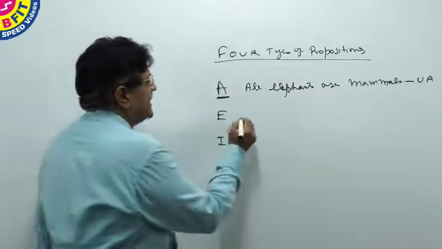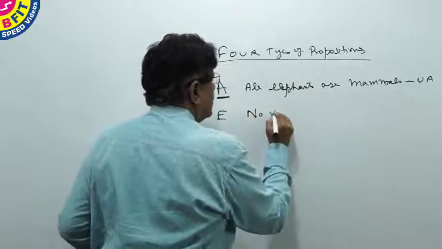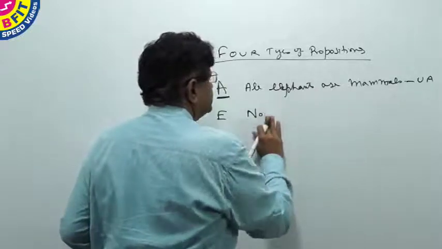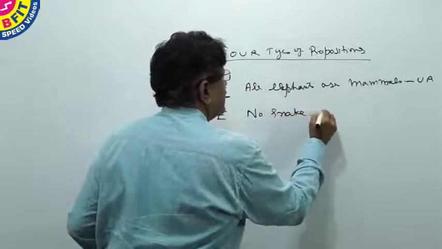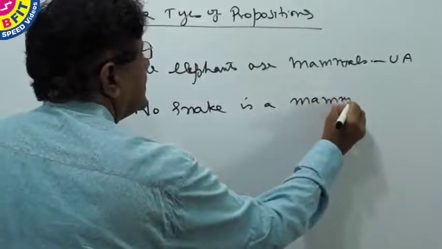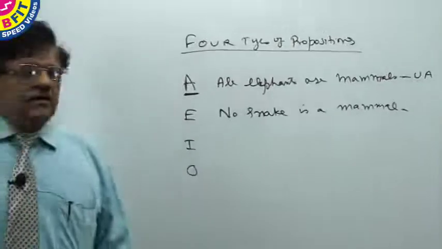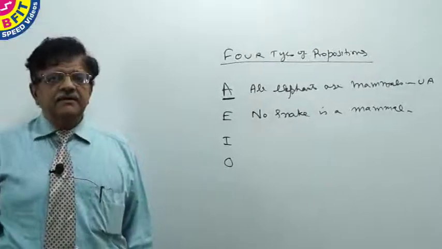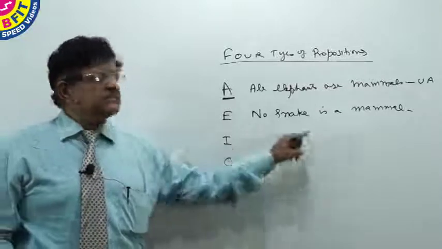Then the second type is called: no snake is a mammal. The second type of statement starts with a negative connotation, but it is also universal.